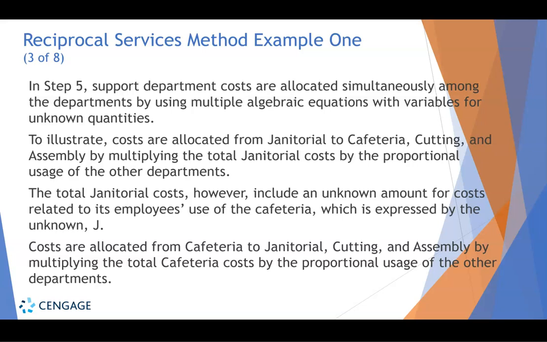The total janitorial costs, however, include an unknown amount for costs related to its employees' use of the cafeteria, which is expressed by the unknown variable J. Costs are allocated from cafeteria to janitorial, cutting, and assembly by multiplying the total cafeteria costs by the proportional usage of the other departments.